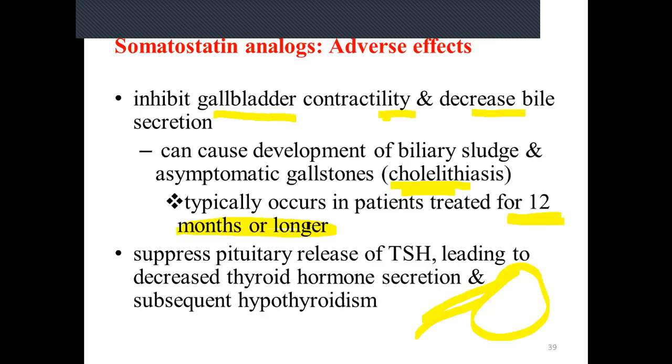Apart from that, another point to note with this class of drugs is that they can suppress the pituitary release of thyroid stimulating hormone. Ultimately, it can increase the risk of hypothyroidism. That is why when a patient is taking somatostatin analogs, it is very important to monitor the thyroid function test because of these adverse effects.